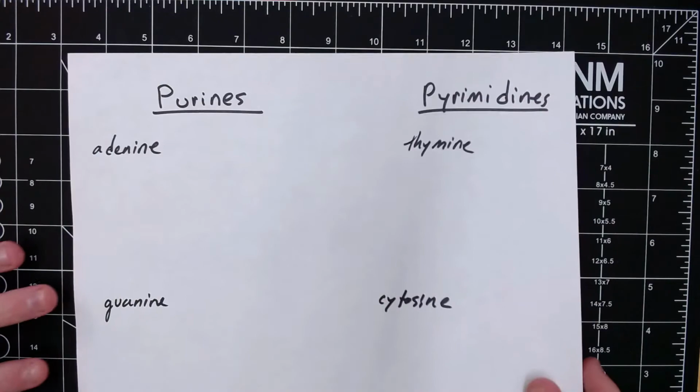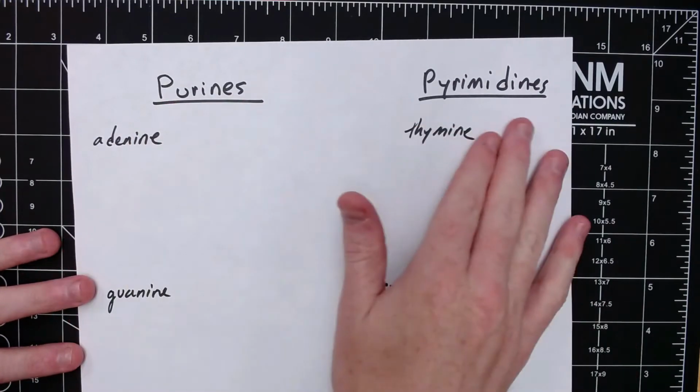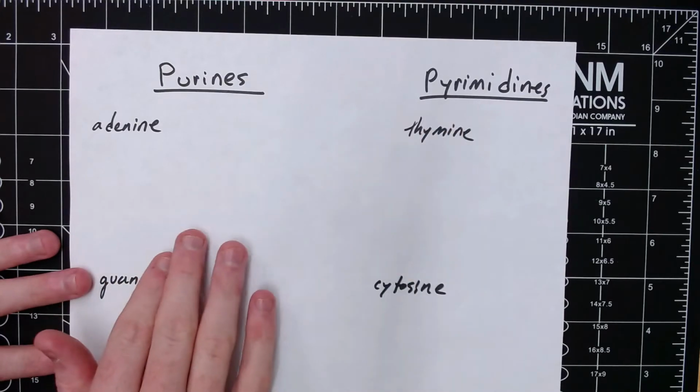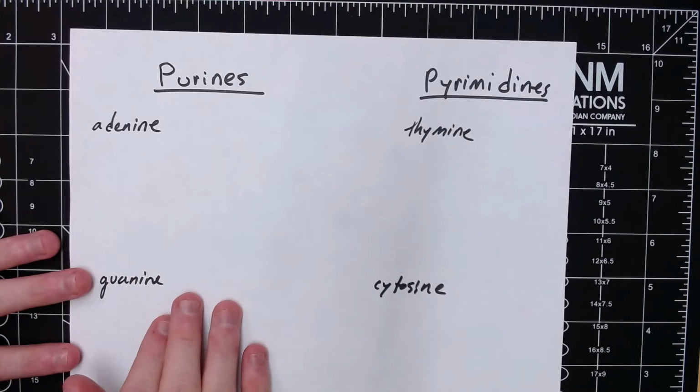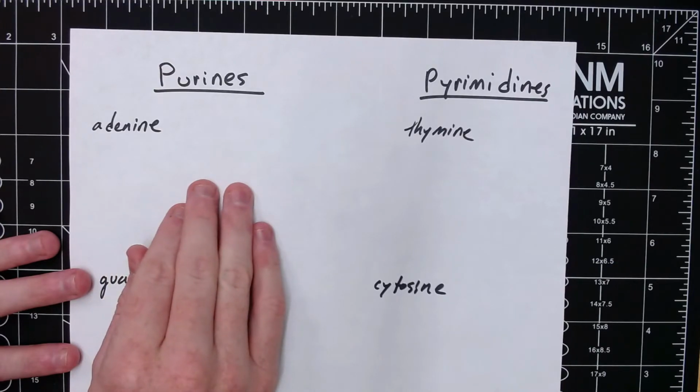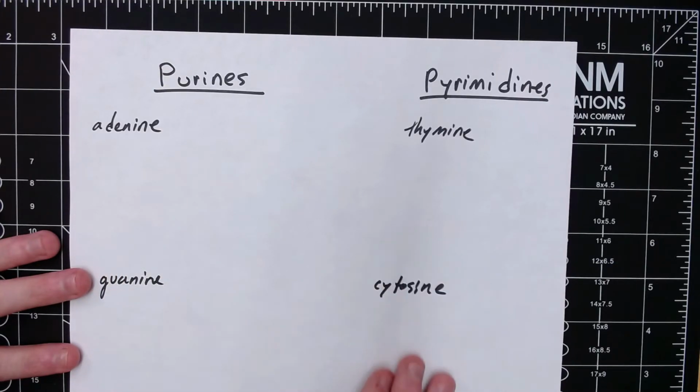Okay, and so let's go ahead and now, using our backbone skeleton for the purines and the pyrimidines, let's draw each of the nucleotides, in this case for DNA, for adenine, guanine, thymine, and cytosine.